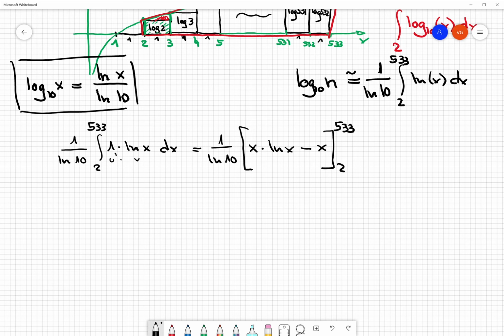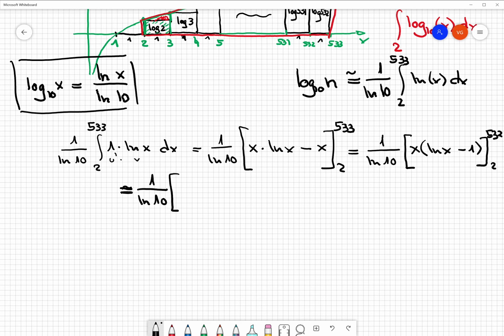What we get is something a bit nasty. It's still equal to 1 over ln 10 times, let's actually rewrite this as 1 over ln 10, forgive me, and take out x. It's a bit easier to evaluate. Okay, and now I'll put in the limits. So it is 533 times ln 533 minus 1 minus 2 times the ln of 2 minus 1.